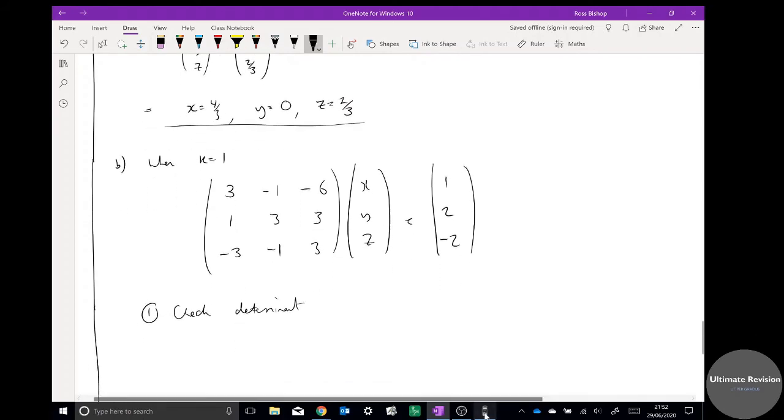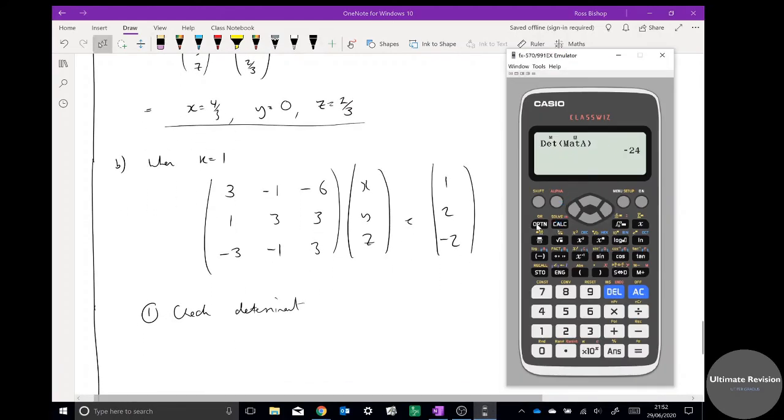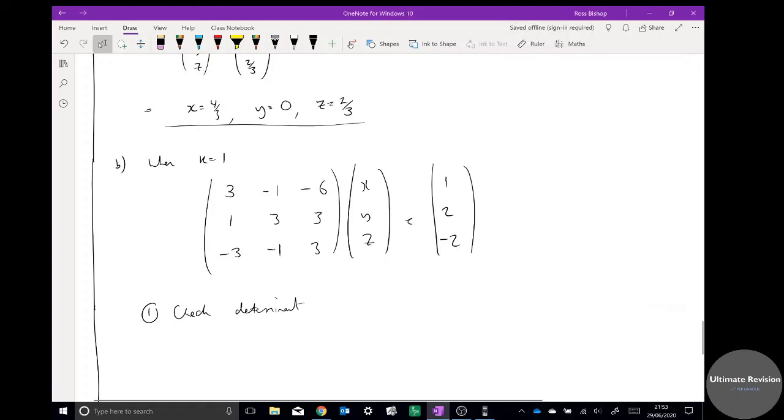No, that should be a minus 1, so I need to just go in and edit the matrix. Make that minus 1. Okay, so I get 0.